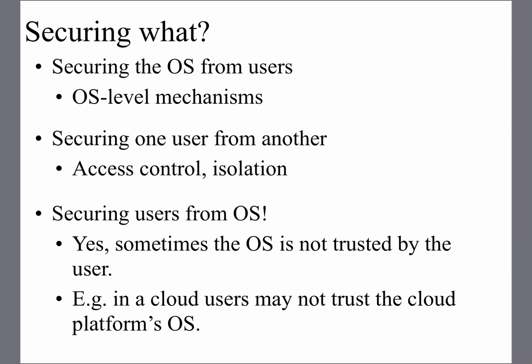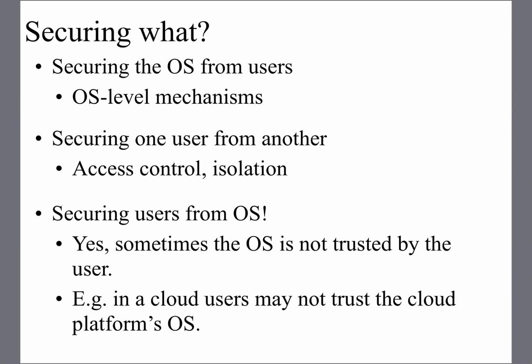The other way to look at it is that users are being provided some service, and one of the services is isolation. So you want to protect users from one another. That might mean not just protecting the processes that they're running, but also their files on the disk, and implementing access control mechanisms in order to implement inter-user isolation.